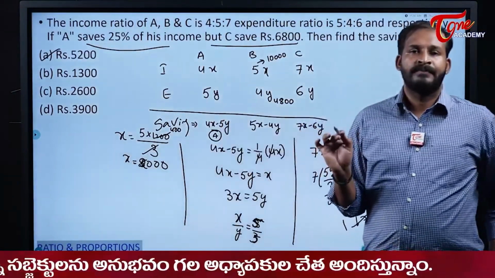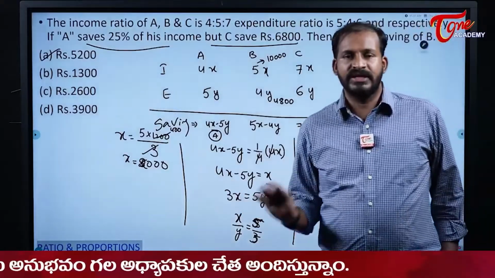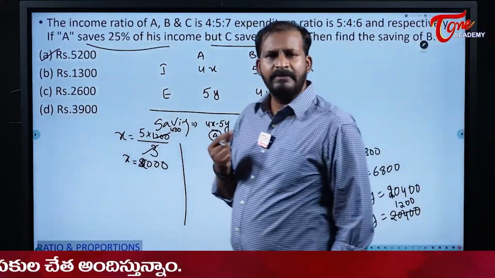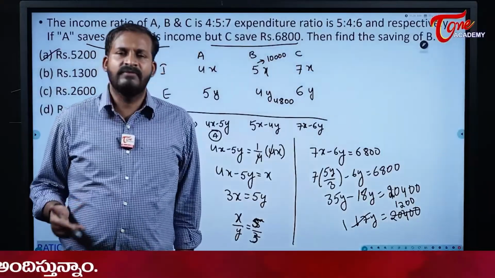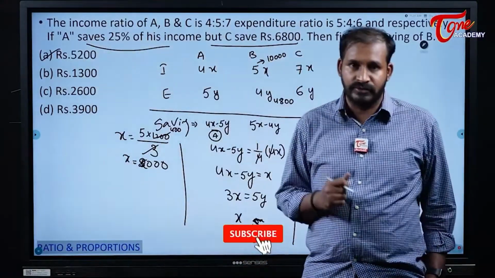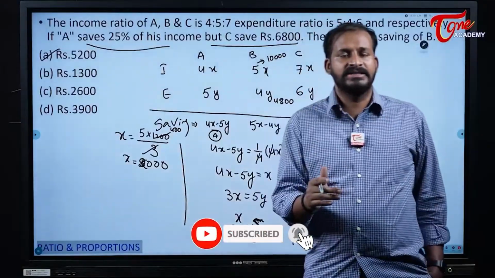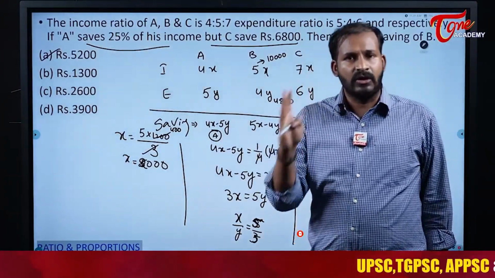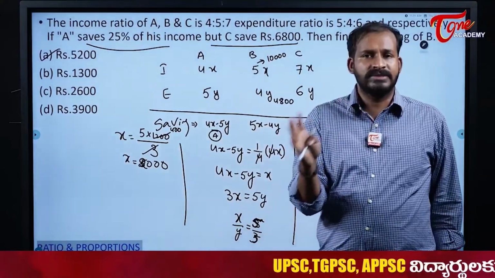See here students, 90% of problems we can solve with the logic or any shortcut method, but definitely there will be 10% of questions where we cannot apply any shortcut. Sometimes if we try to apply also, it may create more confusion. Because of that reason, definitely we should know the traditional method as well as the shortcut method. Then only it becomes easy for us to solve.